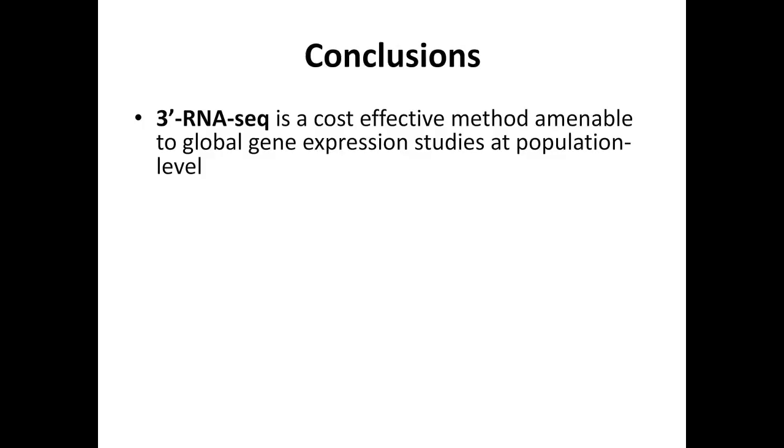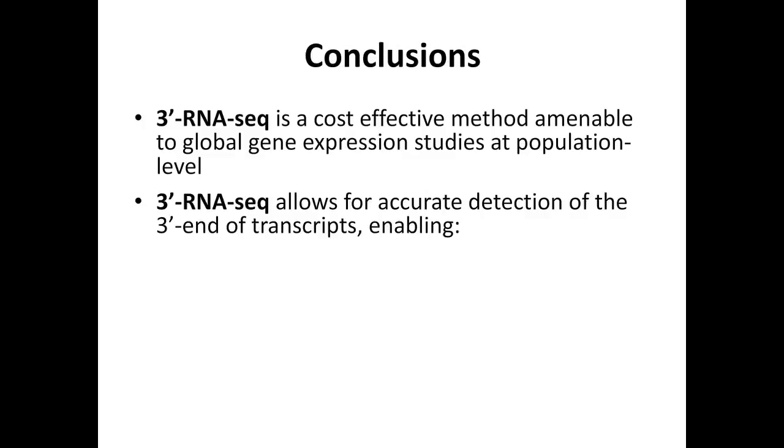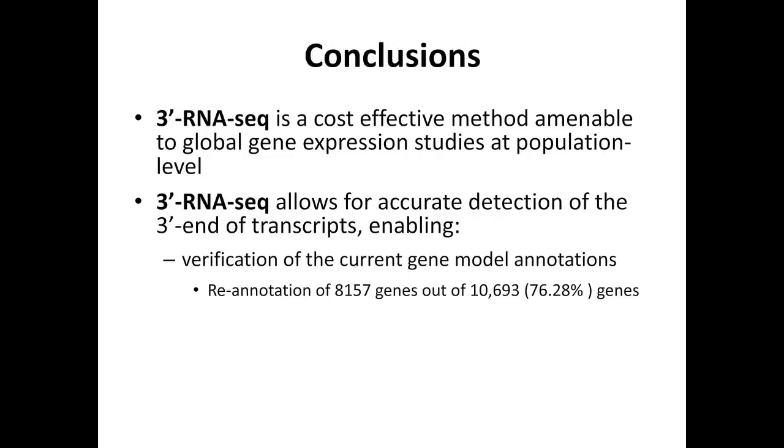This helps you to scale up a sequencing project for population studies. Also the 3' RNA-seq, as I mentioned, allows for accurate detection of the 3' end of the transcript, which enables verification of the current gene model annotation.